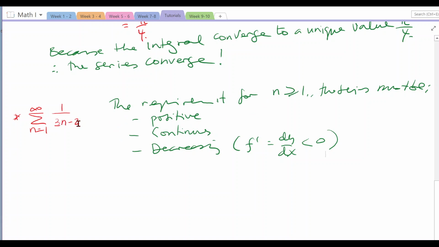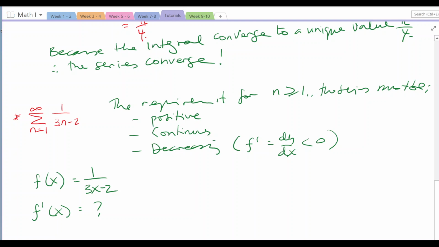You can substitute any value. And the next question is, what is the gradient of the function f of x? Let's say f of x is 1 over 3x minus 2. What is the first derivative of f of x?